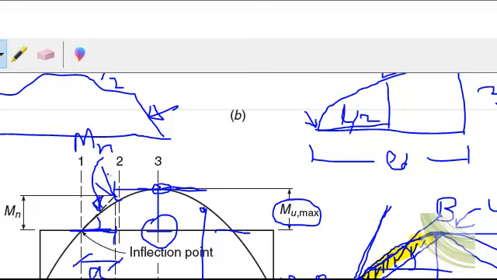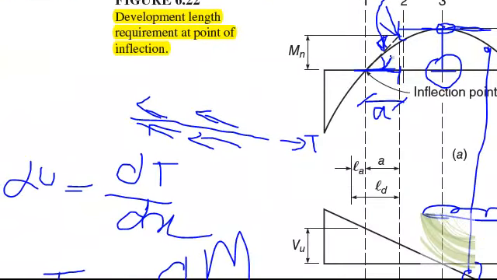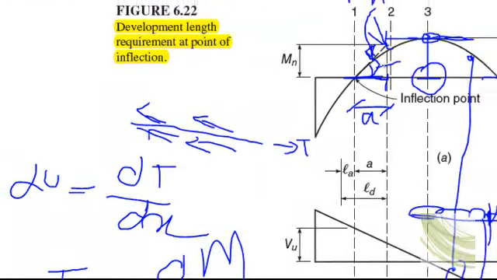That is the nominal moment capacity, not in terms of Mu, because this is the moment strength diagram, and the moment strength diagram is constructed on the principle of phi Mn. So ignoring phi for the time being, just put Mn. Now as the line ends, what will be this slope? What will be this slope?